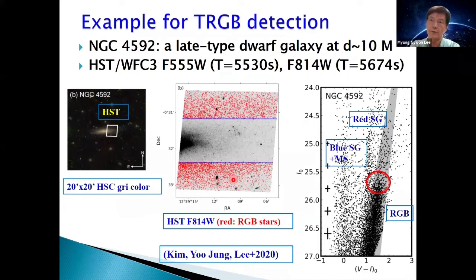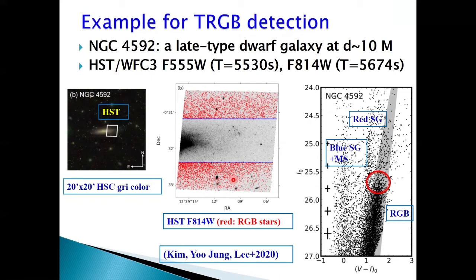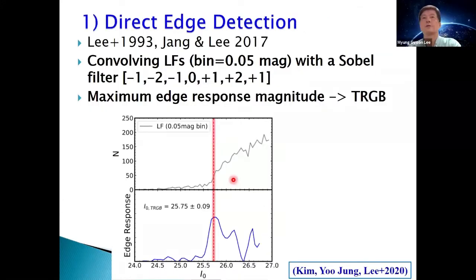They are mixed together in the field, but we can segregate RGB stars using the CM diagram. So selecting the RGB candidate stars in the shaded region, you can then make a luminosity function of these stars. This upper part is the luminosity function of the RGB stars, so the number is very low in the brighter magnitudes, and it starts increasing up till here.